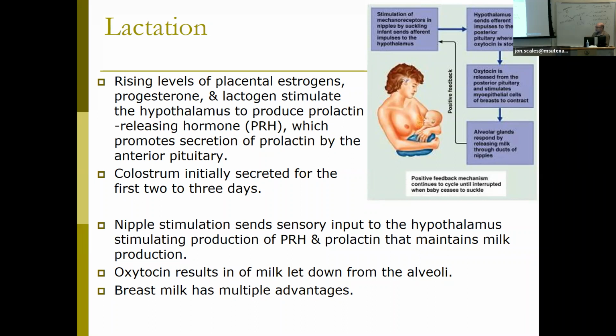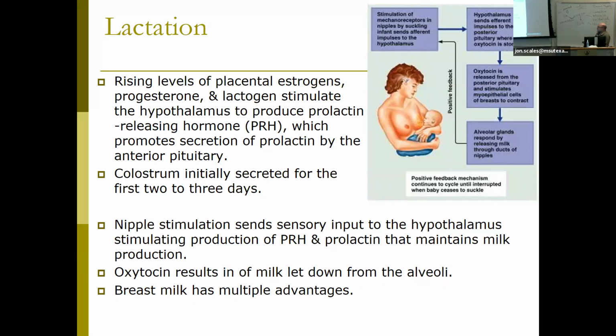So it becomes Pavlovian, sort of, so to speak. Even if the baby cries, that automatically sends in motion that milk letdown release, and the muscles will contract and the milk will be secreted, okay, even if the baby's not there yet.